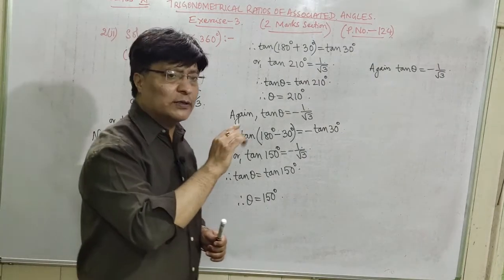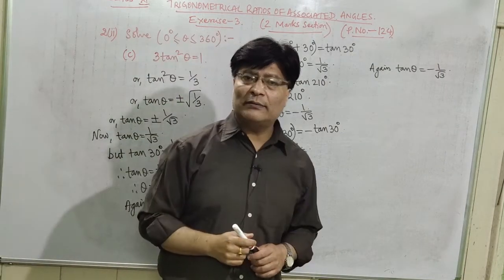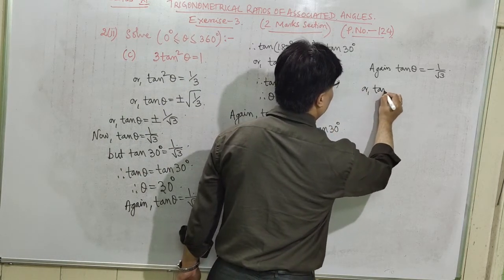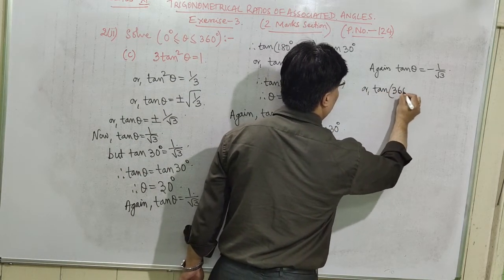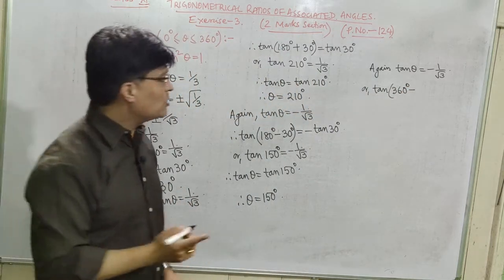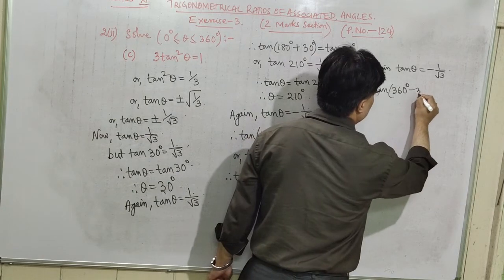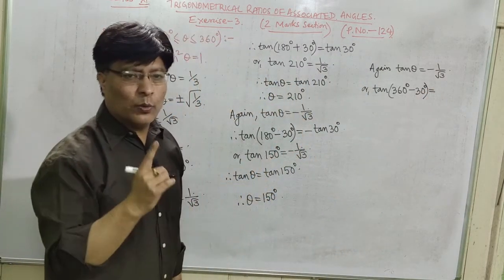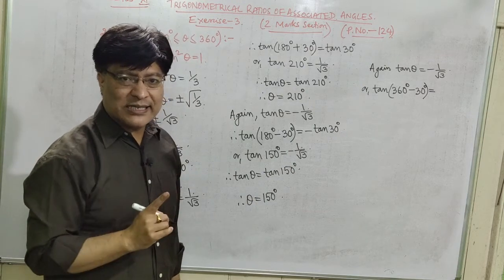Now in the fourth quadrant, how can you write down the angle? Tan 360 degree minus theta. Again tan of which angle is 1 by root 3? It is 30 degree.